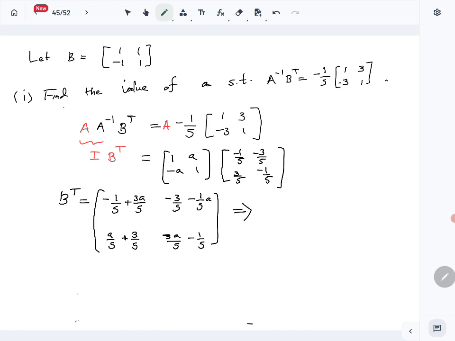Okay. Then from here, what is B transpose? B transpose is flip the rows and columns: 1, 1, minus 1, 1. So that is B transpose.